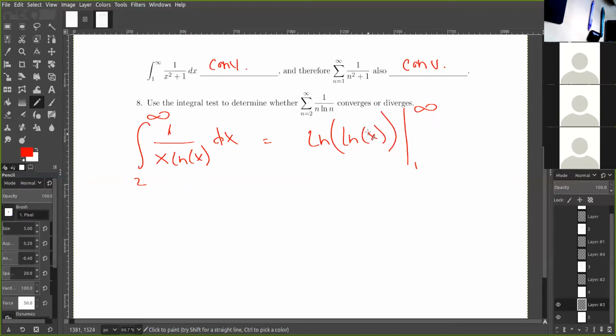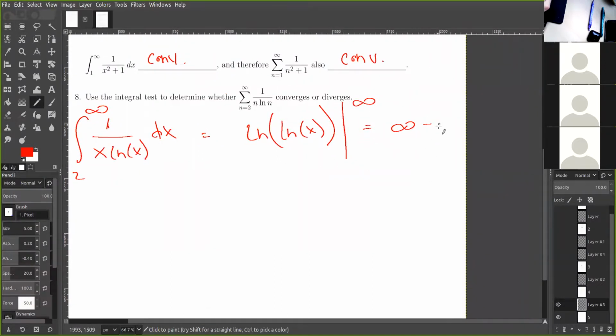And now what happens when I take the limit as x goes to infinity? Well, natural log will go to infinity. Natural log of infinity still goes to infinity. So it'll be infinity, and I wrote the wrong bound there. Infinity minus natural log of natural log of 2.